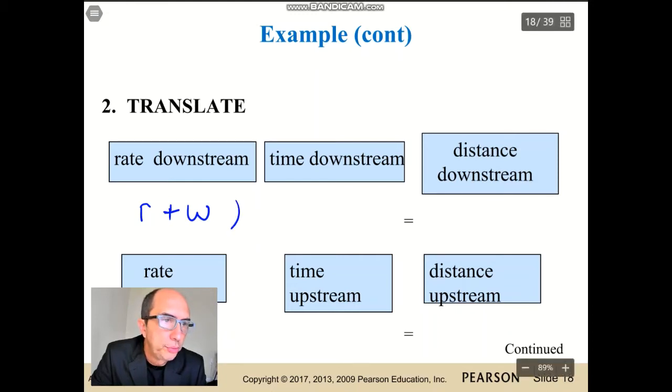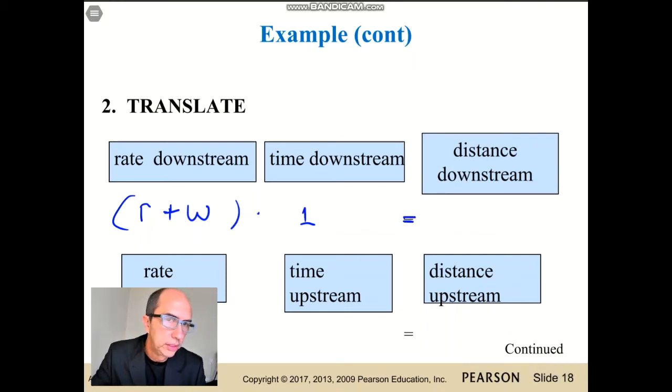The time downstream, 1 hour, and this is going to be equal to the distance covered downstream, 10.6 kilometers.